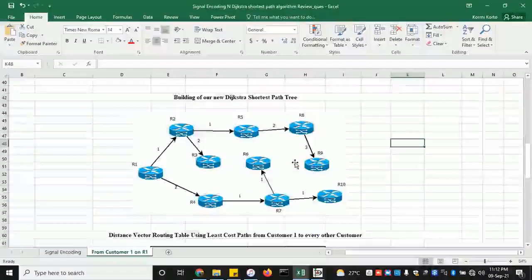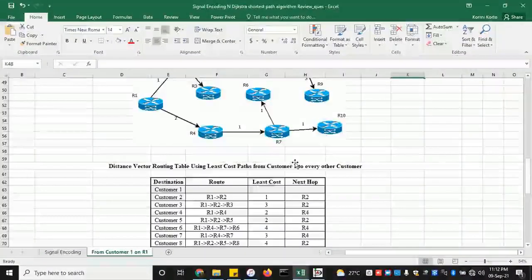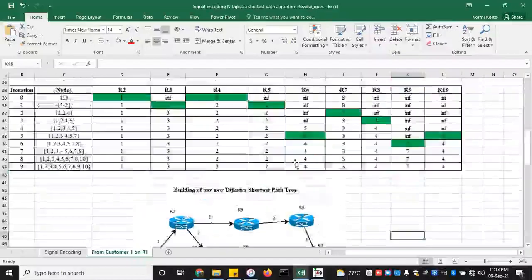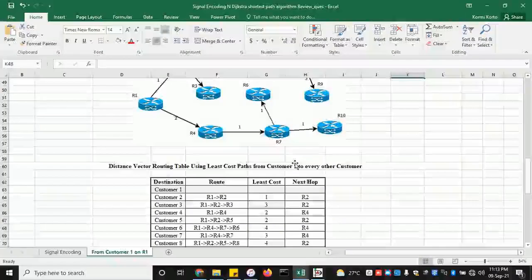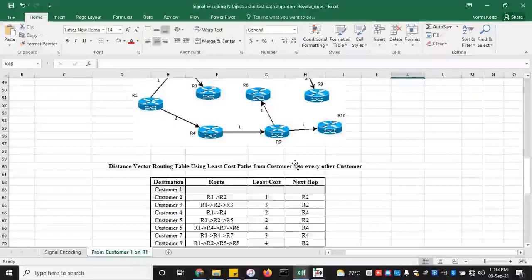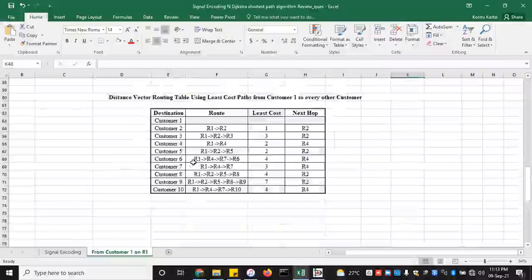Okay, so folks, that should wrap it up for the Dijkstra shortest path algorithm execution, building, and then using that to develop the routing table for a distance vector routing algorithm.